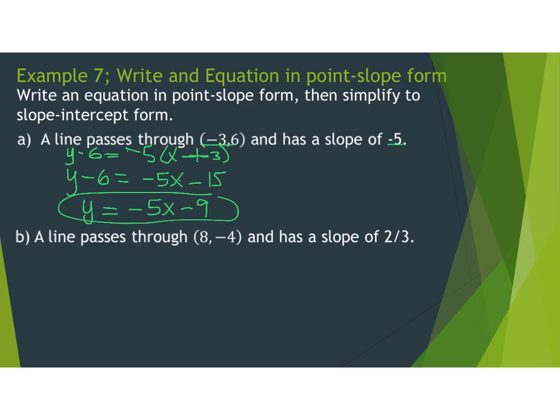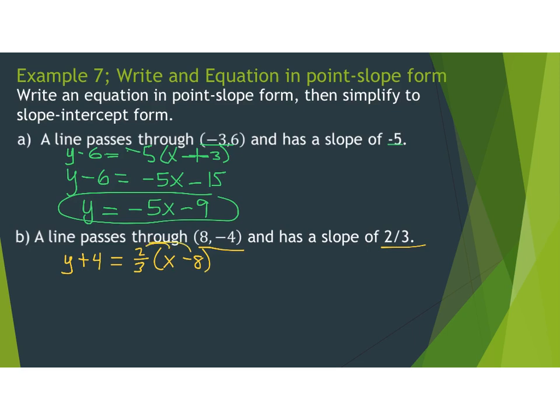And the next example, we have the point 8, negative 4, and the slope of 2/3. So that would be y minus a negative 4 equals 2/3 times x minus 8.